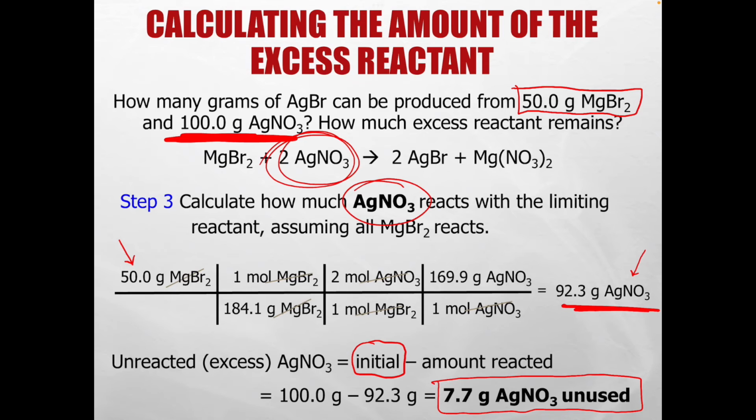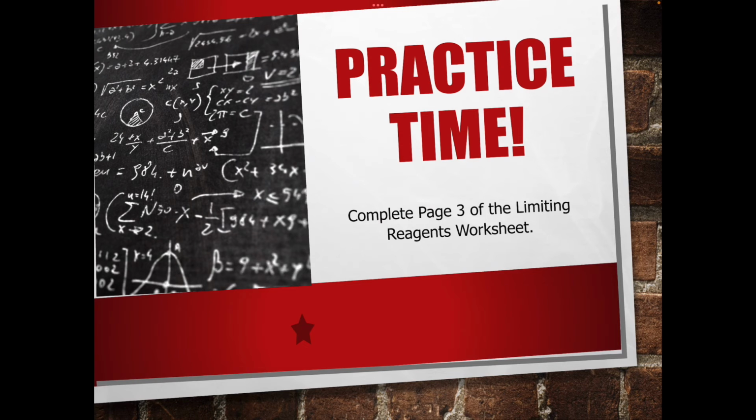This calculation says we start with our limiting reagent, figure out how much of our excess reagent reacts, and then do initial minus the amount reacted to figure out how much is left. This is the trickiest calculation in Chapter 11, so I want you to get some practice on it. We are going to get some practice by completing page 3 of the limiting reagents worksheet.